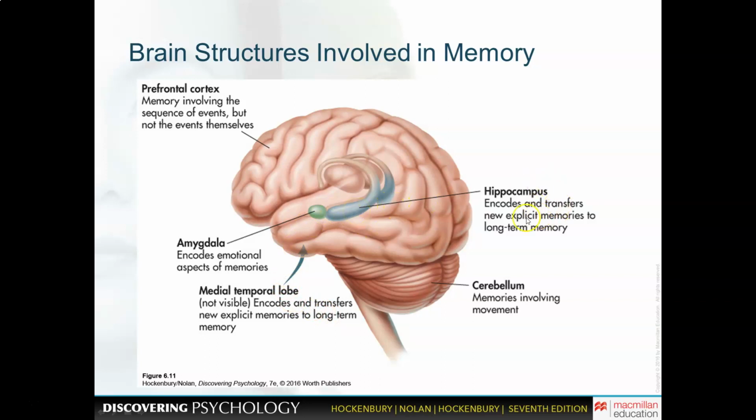That encodes and transfers the new explicit memories to long-term memory as well. And last but not least, we have the cerebellum, this structure right here at the very back and underneath part of our brain. That involves memories that have to do with movement, muscle memory, that type of thing.